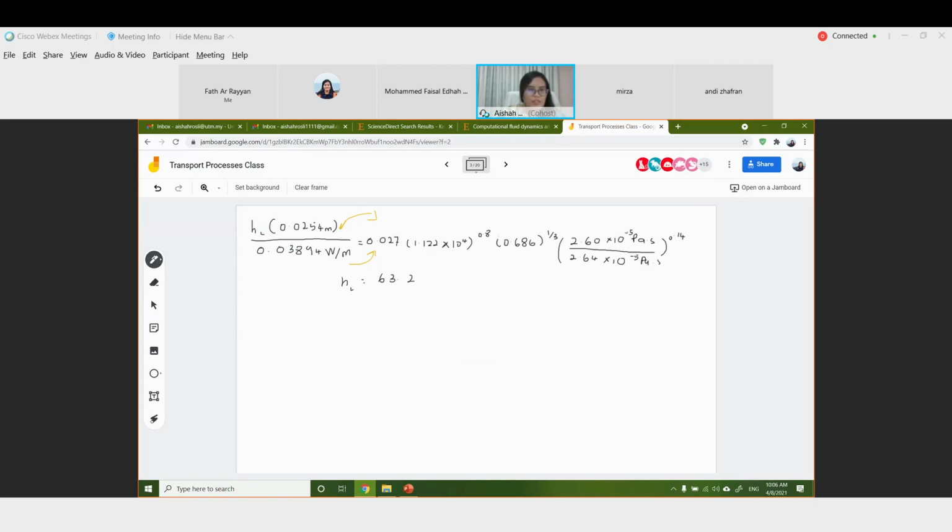And as for the units, the unit for h L is watt per meter squared kelvin.